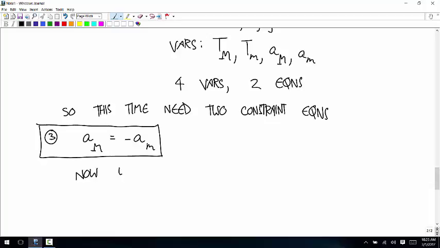Now what? Well, we're doing this problem in the rigid body section. So it seems like a reasonable guess that somehow rigid body relationships are going to come into this.